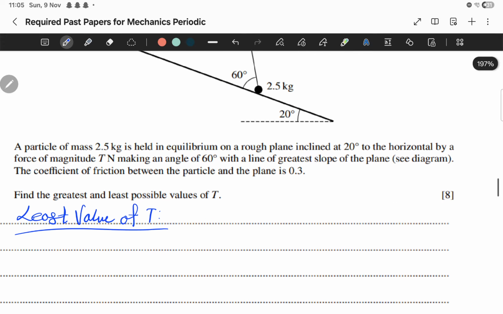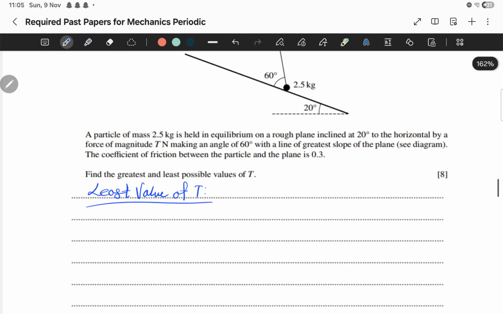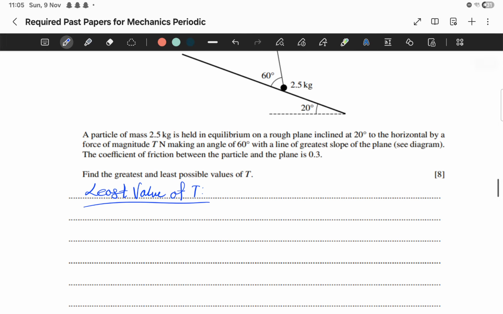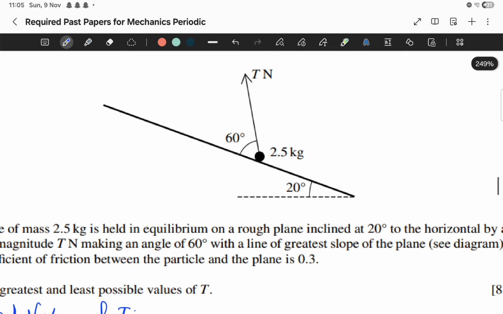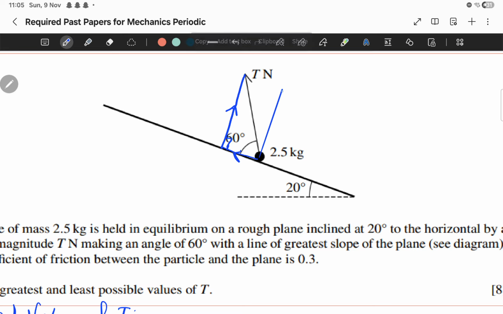Okay. For this one, it's actually annoying, the marking scheme. I don't like it. Let's resolve it into its components. So it's like this, then like this. So that means that the y component is going upwards and the x component is going like this.